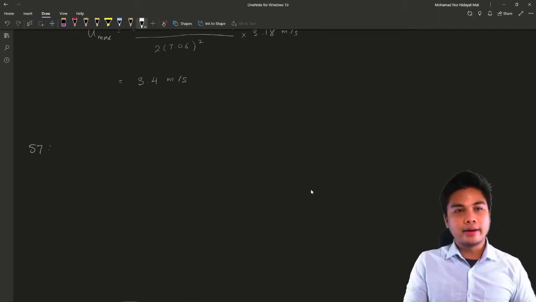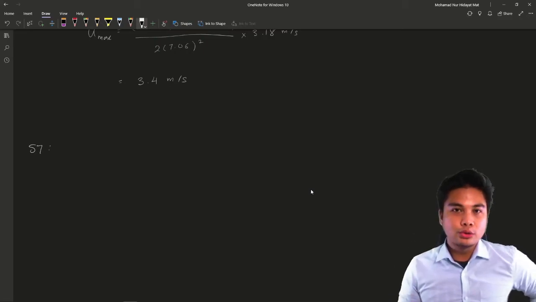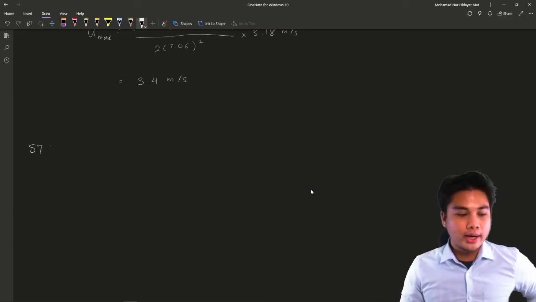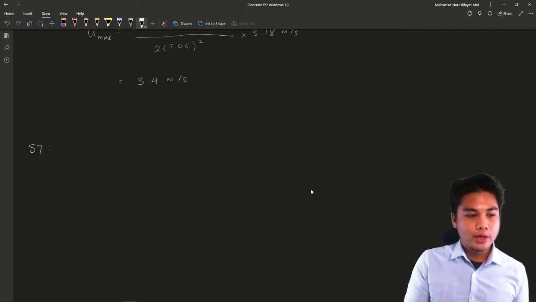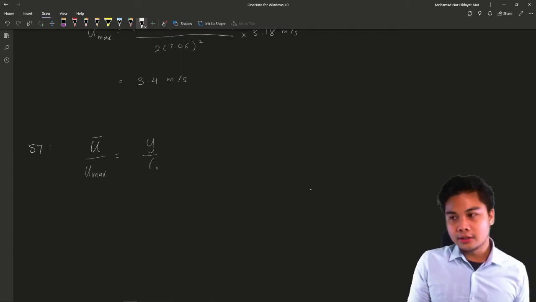In order to get the radial position where u equals the average velocity, which is 3.18 meter per second, we can use this equation: u bar over u max equals y over r naught to the power of 1 over n.